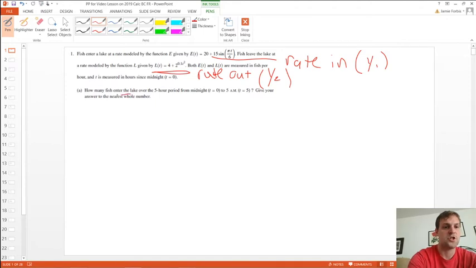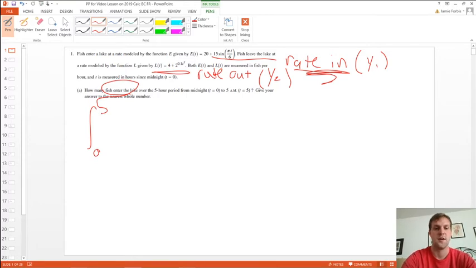So it says how many fish enter the lake, so we need to use our rate in function only, nothing to do with our rate out. Simply, it's the integral from 0 to 5 hours of the rate in, which is E of t dt.